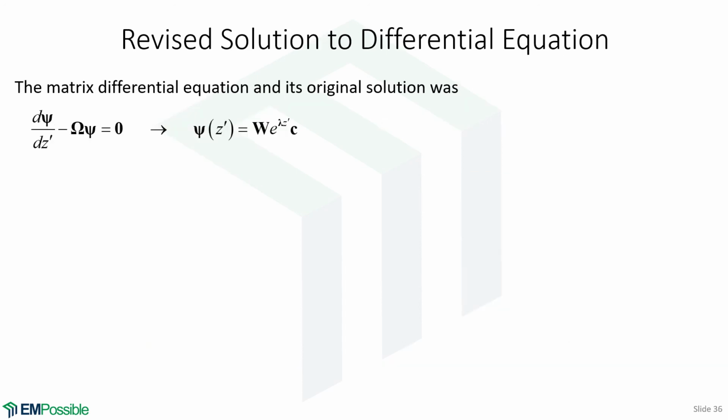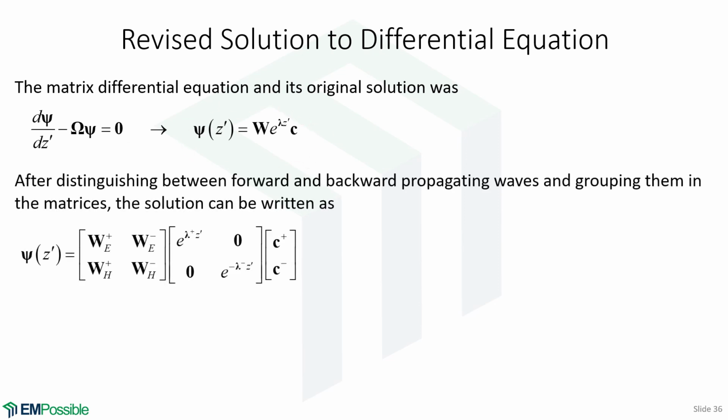Let's look at a revised solution to our differential equation. So we started with a matrix differential equation, and we arrived at this solution. We then take our eigenvector and eigenvalue matrices, we do our mode sorting, and we end up in this form. This lets us do something else sort of interesting.